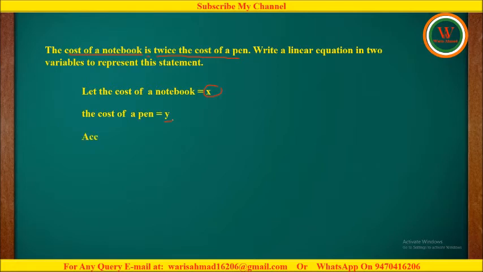So according to the question we can write x = 2y. x is the cost of one notebook, that is equal to twice the cost of a pen, that is 2y. Now we have to write it in the form of a linear equation in two variables. So here we can write x - 2y = 0. So this is the solution of this question.